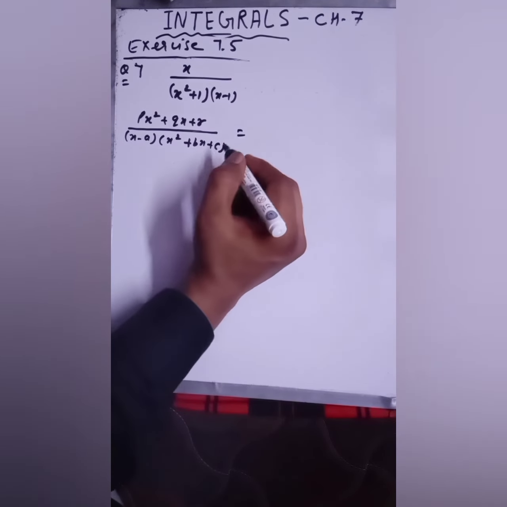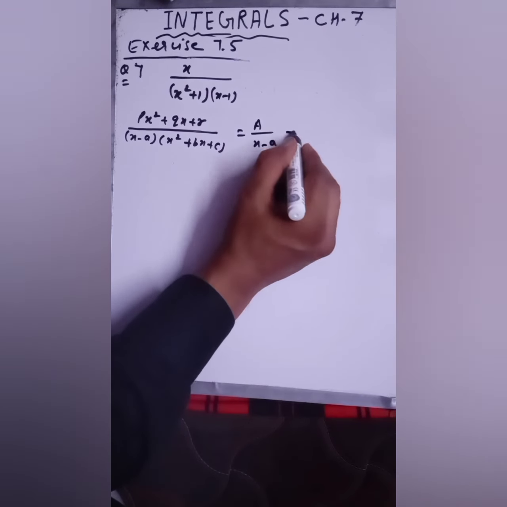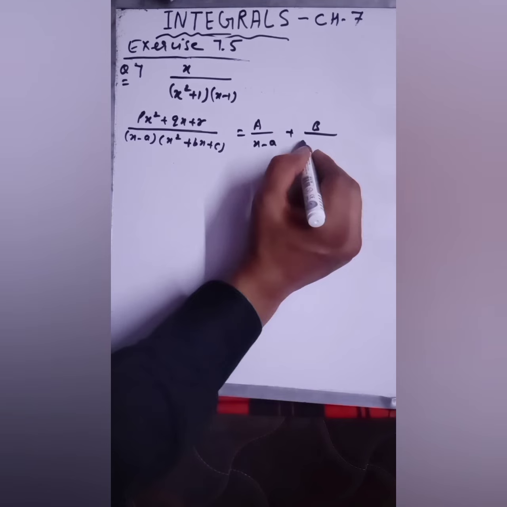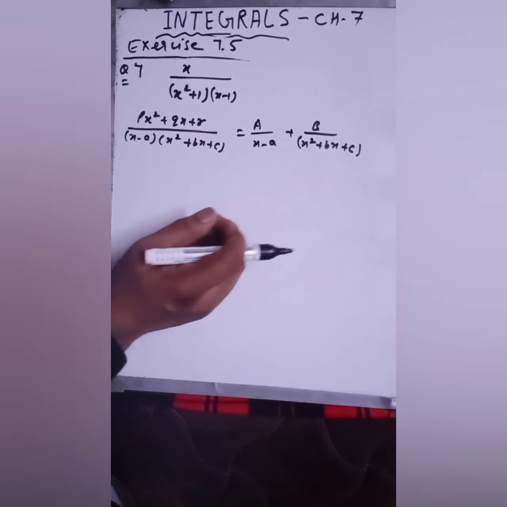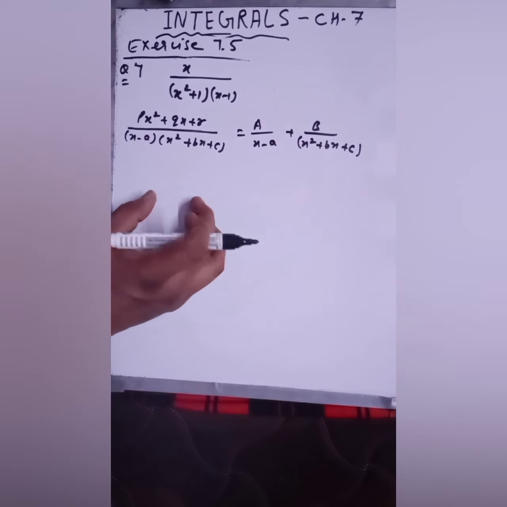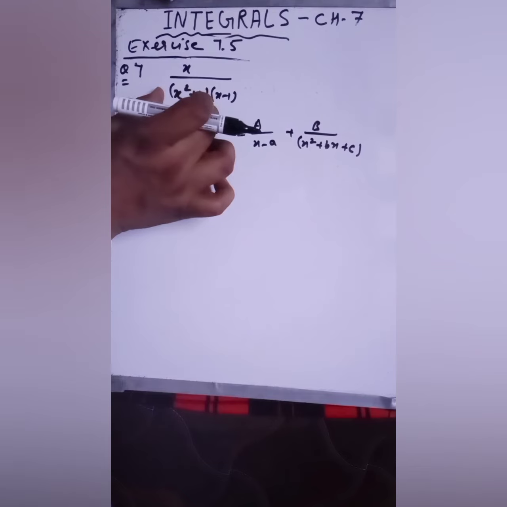So we can write this as A over x minus a plus (Bx plus C) over x square plus bx plus c. So this is a quadratic expression, and here you also have a quadratic expression, that is x square plus 1.